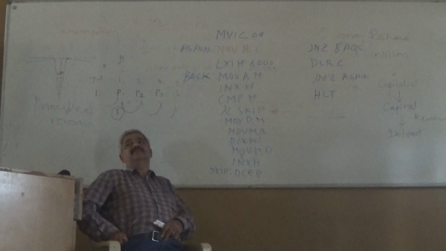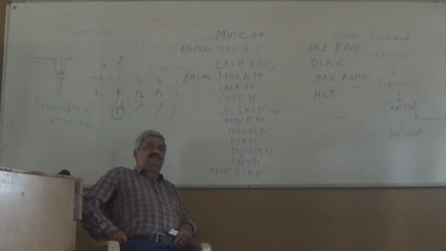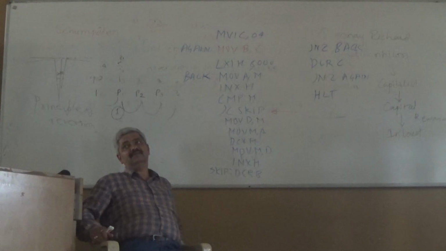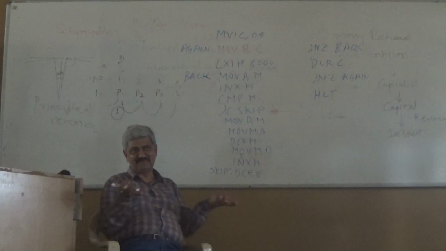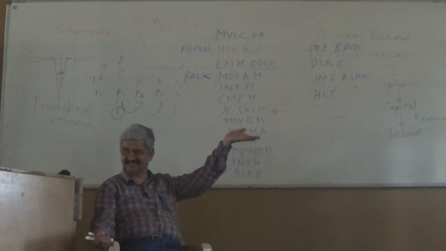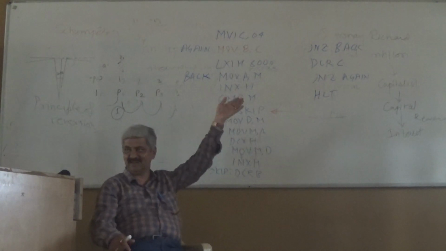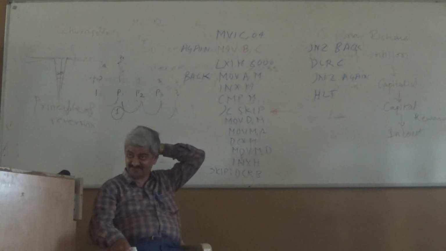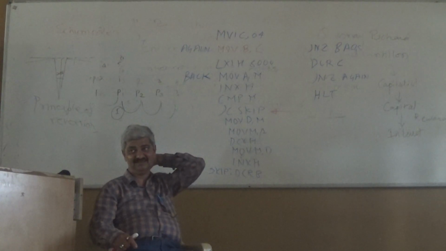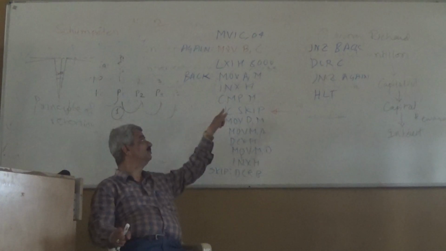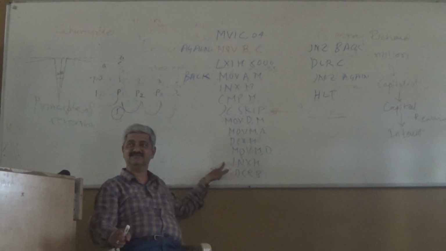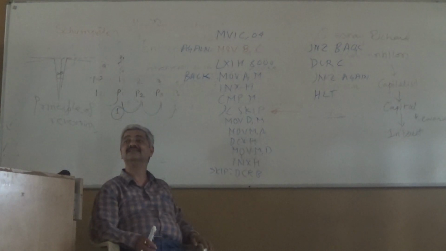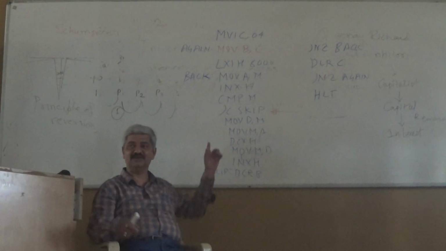Means when will carry come? If the first is smaller, carry will come and that is what I want. If the first is smaller, that is the second is larger, carry will come and I will skip. So no exchange. If the first is larger, then exchange is required. So I come to this exchange. Right? If both are equal, then exchange is not required.